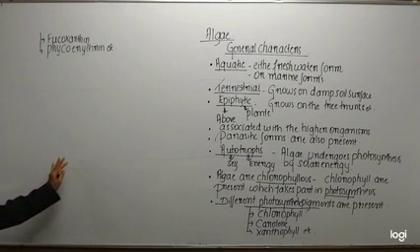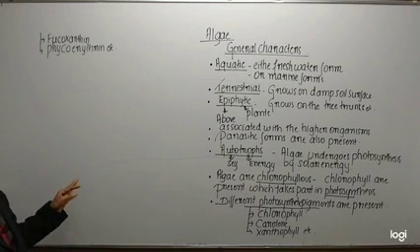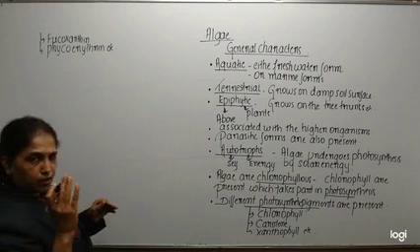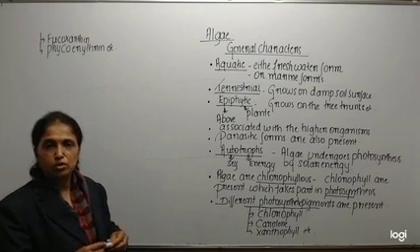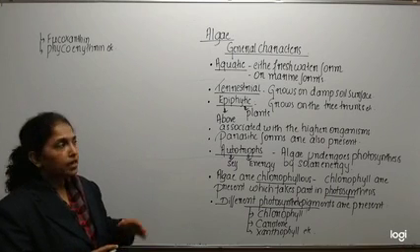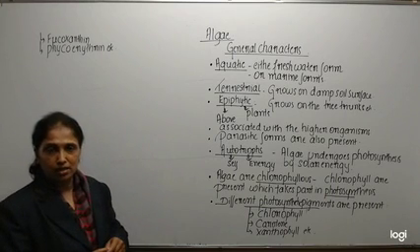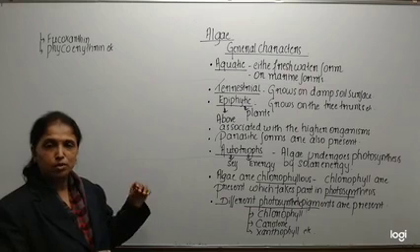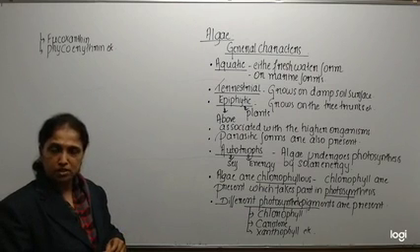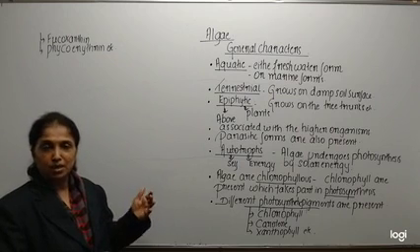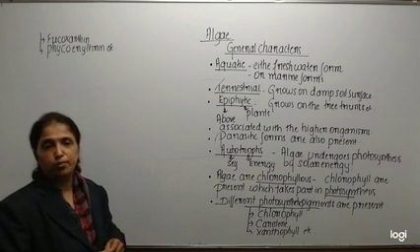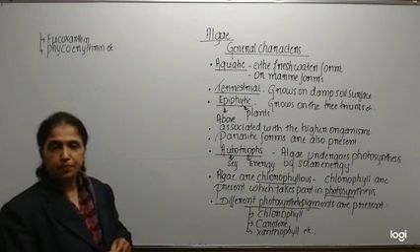Next comes, apart from this, in Kingdom Monera we studied some microscopic organisms. Here it is multicellular organisms. But there are some unicellular algae also present. Sometimes it is multicellular and microscopic forms are also present.